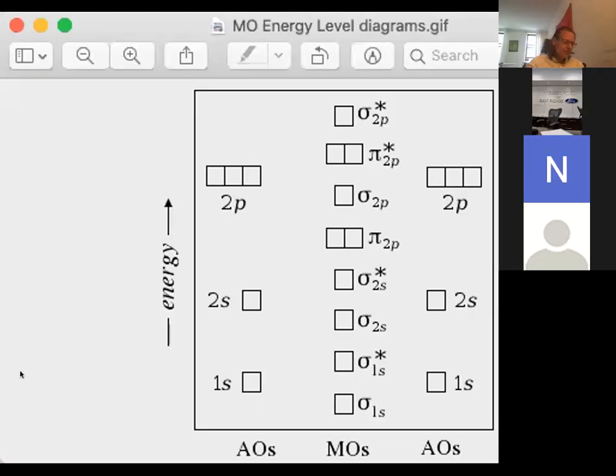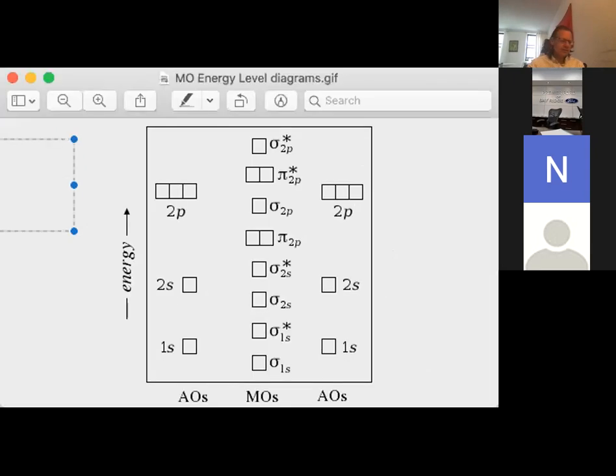Okay, so hopefully you can see this right here. This is a molecular orbital energy level diagram, okay? So I want you to take a look at it. What you'll see, let me see if I can bring this around a little bit. There we go. So centered it a little bit better for you, right?